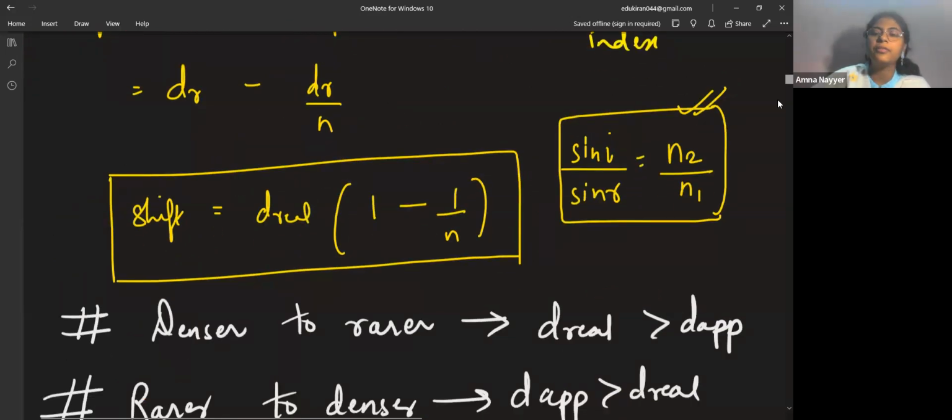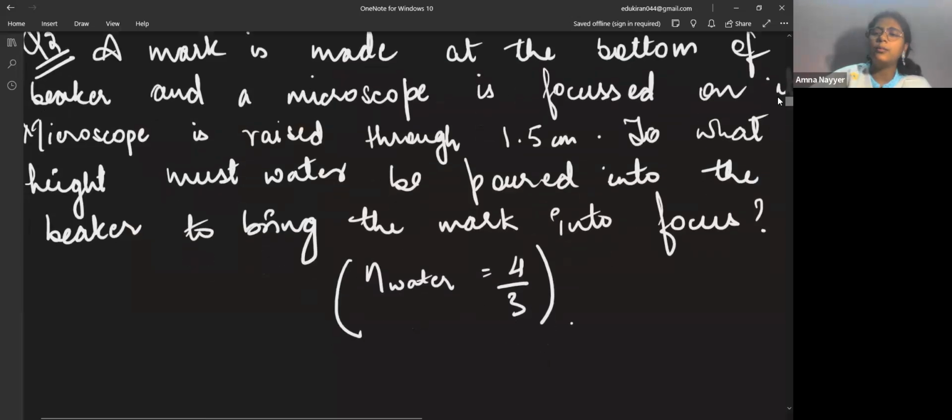So let us see that. I hope you people have written this by now. A mark is made at the bottom of a beaker and a microscope is focused on it. The microscope is raised through 1.5 centimeter. To what height must water be poured into the beaker to bring the mark into focus?